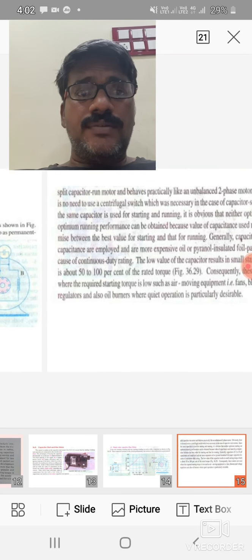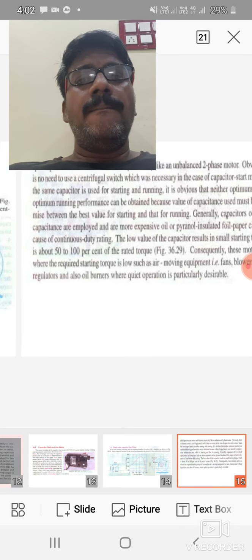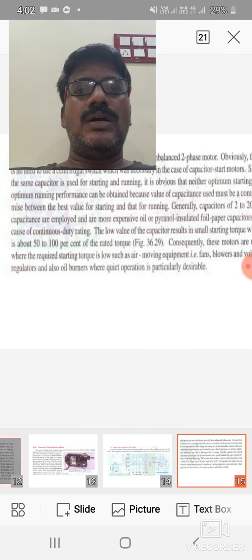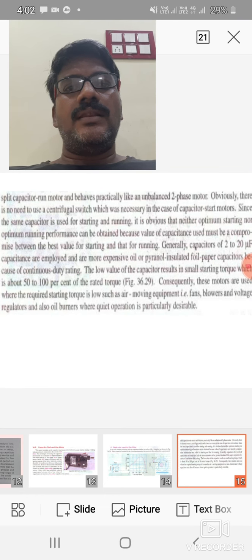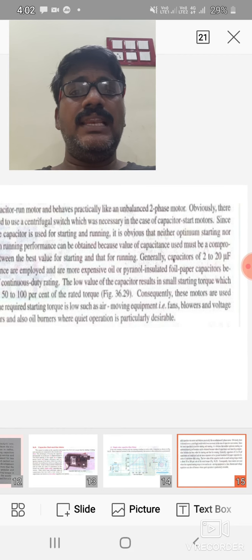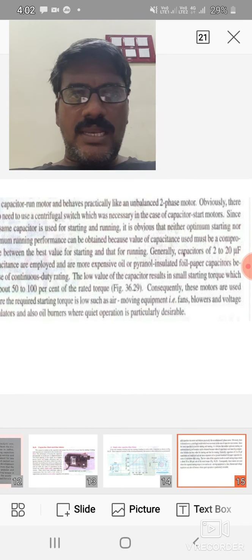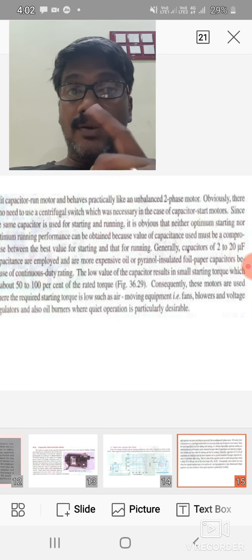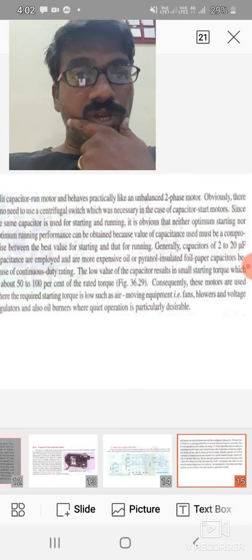So this motor is known as a permanent split capacitor run motor, and behaves practically like an unbalanced two-phase motor. Why is it called an unbalanced two-phase motor?